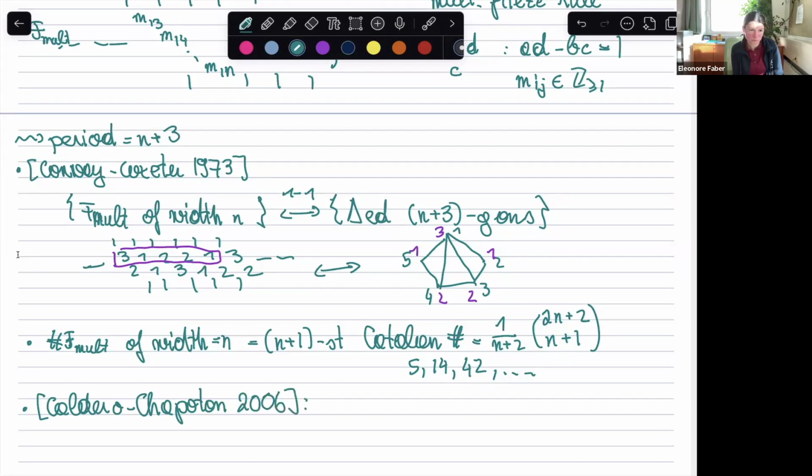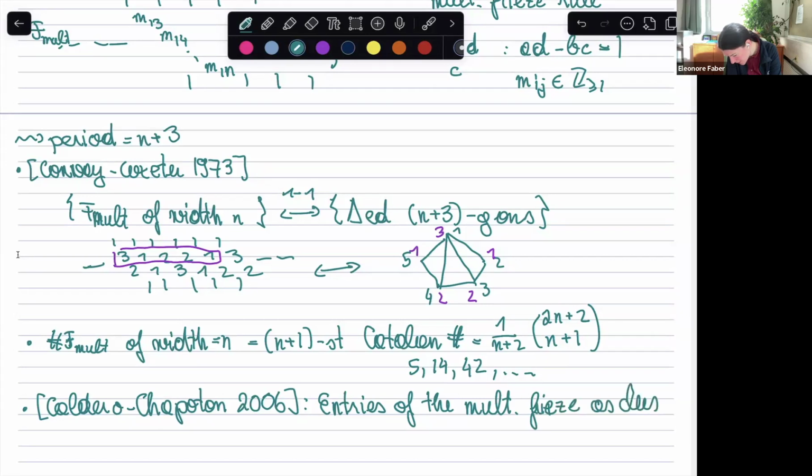You can see the entries of the frieze, the multiplicative frieze, as cluster variables. I don't write them down, but if you know something about cluster algebras, you can see that the entries are precisely the cluster variables.